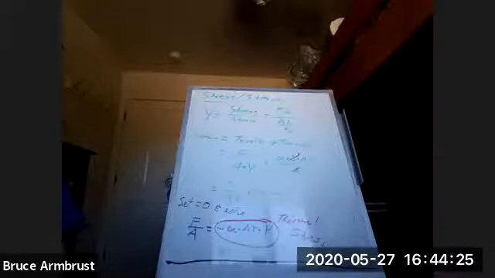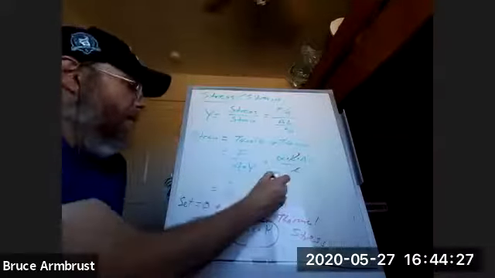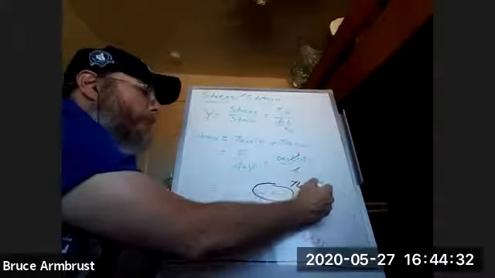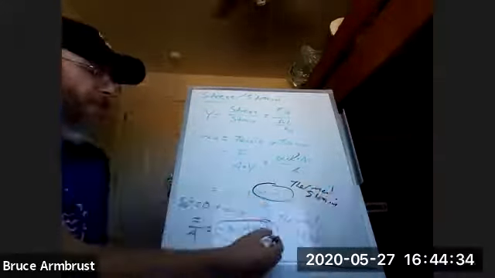So thermal strain was the alpha times delta T, but the thermal stress is alpha times delta T times Y.